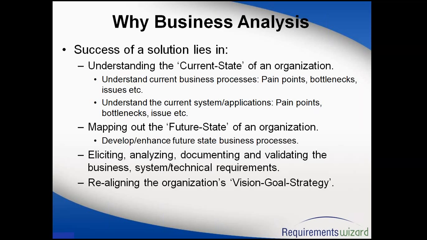Also, if there are systems already in place, you will apply the same principles and concepts at a system level. You will understand the pain points, the issues or the bottlenecks your stakeholders are facing using the system. But a very key concept here is that for any system you are trying to understand, fix or build, the first thing you need to do is understand the business process behind it, because any system which is up and running is supporting some process.